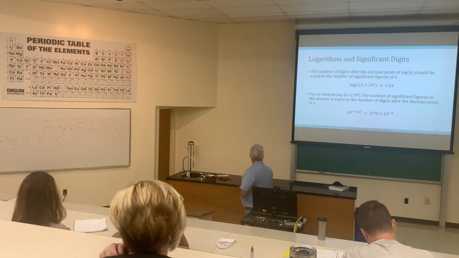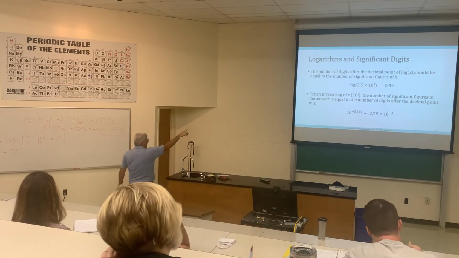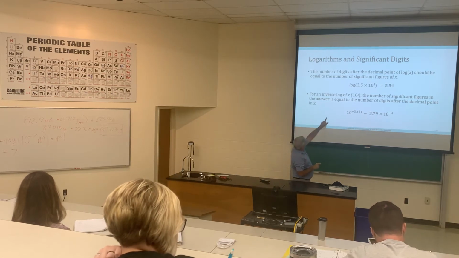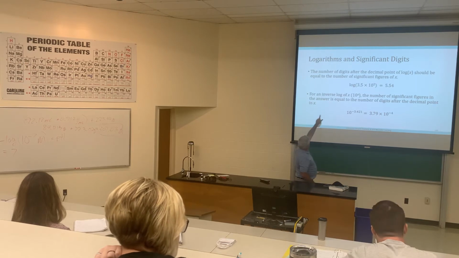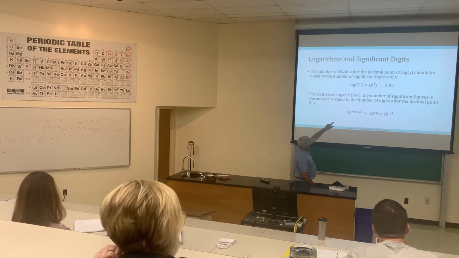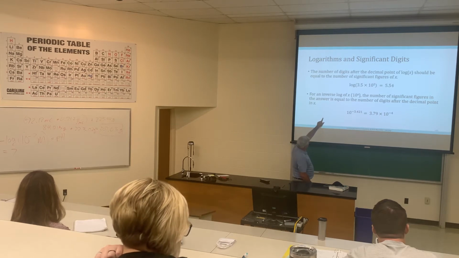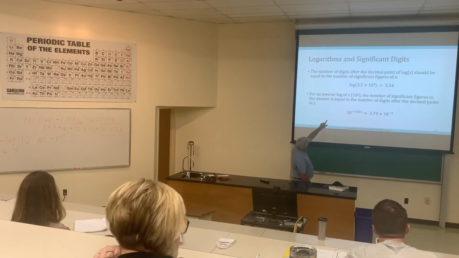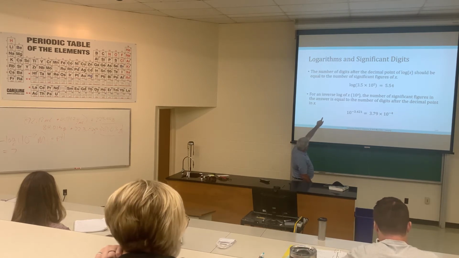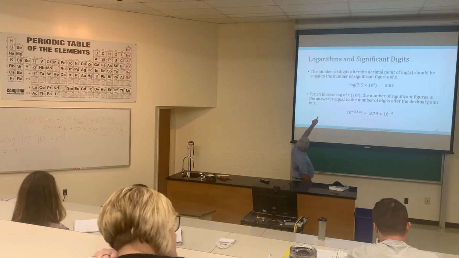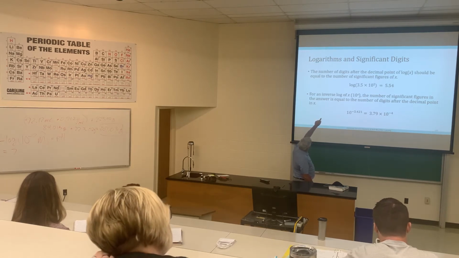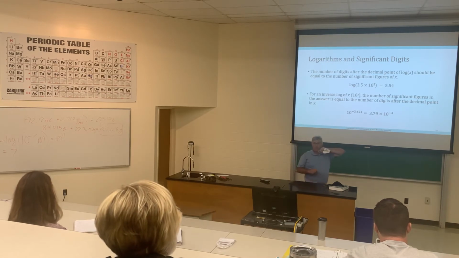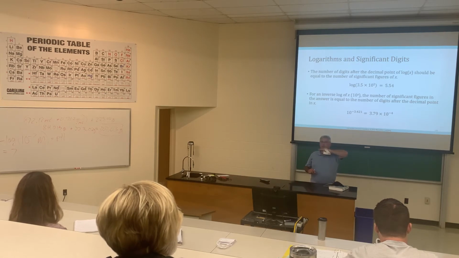Now, there are some rules. The number of digits after the decimal point of a log of x should be equal to the number of significant figures of x, right? So if I'm looking at x, 3.5, how many sig figs? 2.